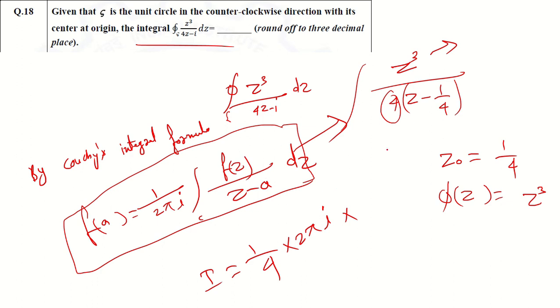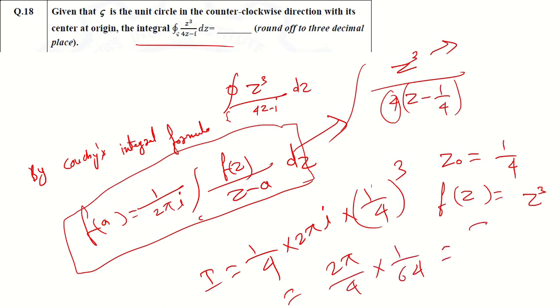Just assume here f of z is z cube. We'll just write z cube at z is equal to 1 by 4, right? So 1 by 4 whole cube. Finally, we have 2 pi i by 4 into 1 by 64, that is pi i by 128.